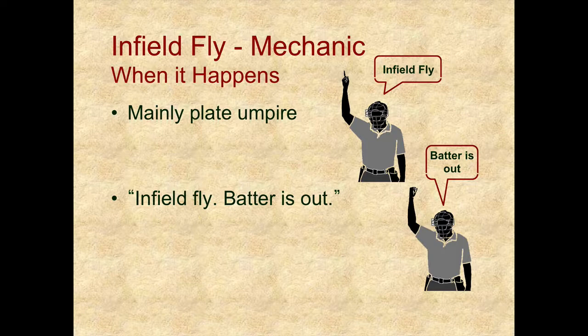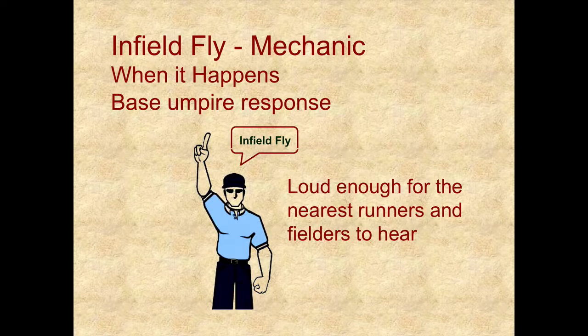The generally accepted mechanic for the plate umpire is to point up with one finger and declare infield fly. Then the arm is dropped down into a hammer and the umpire declares batter is out.